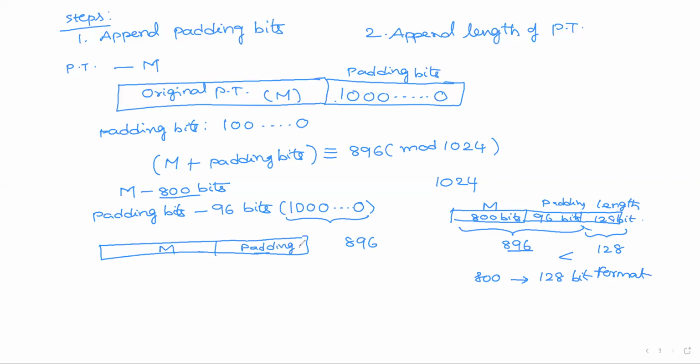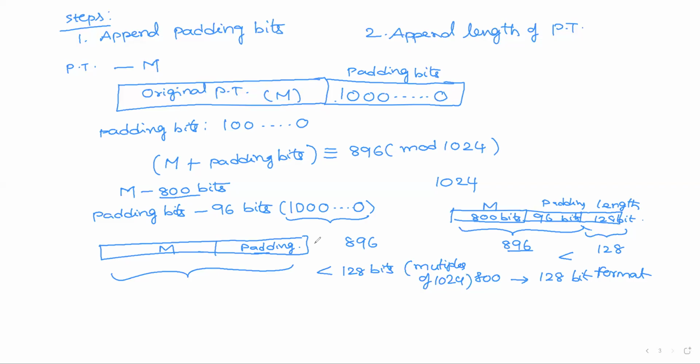So the padding bits and the original plain text message together, the sum of these two, must be less than 128 bits for multiples of 1024, because after adding 128 bits, you are getting the processed plain text, not the original plain text.